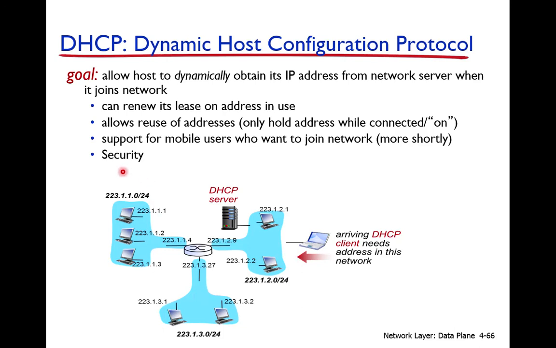Another important point is that DHCP can also offer security. How? For example, when the DHCP client gets the IP address, this message will also have the MAC address of this laptop, so it can be stored here. Suppose this laptop is lost, and another person, for example ABC, took it.